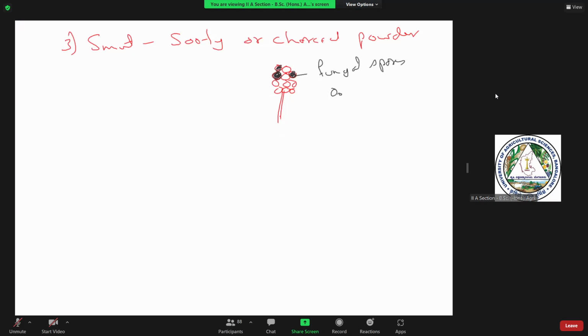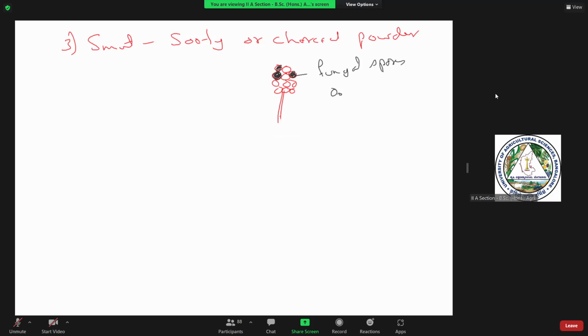There are only a few examples of the smut seen on other parts. Smuts are also found on the leaf, stem, and the roots. One example is the leaf smut of rice, Entyloma oryzae. And the root is very, very rare.